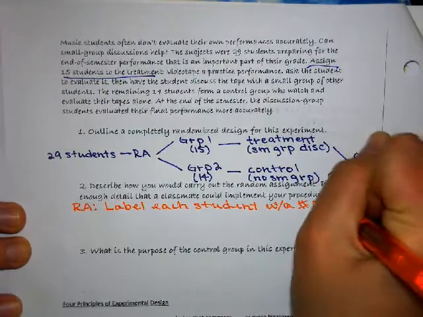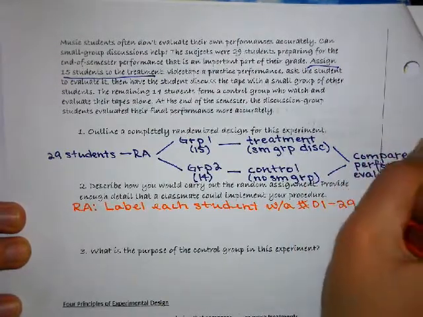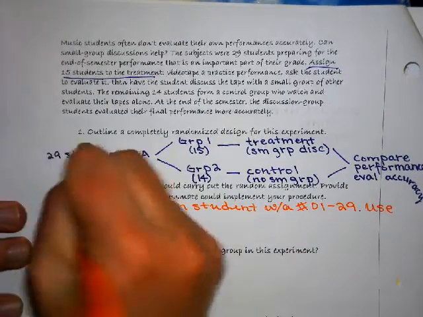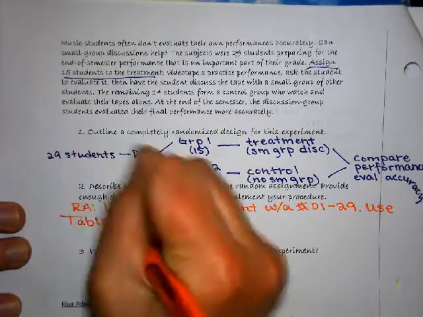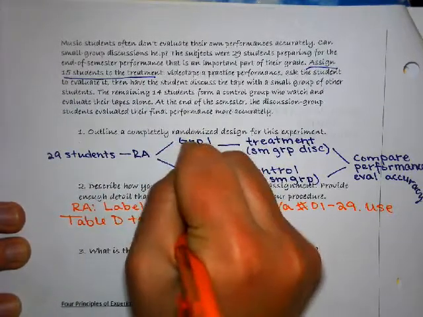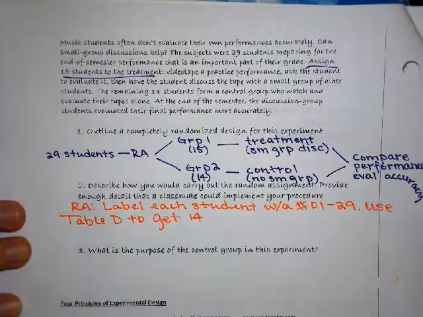Use table D to choose 14, and I chose 14. You could have said 15. I chose 14 because it's less work.